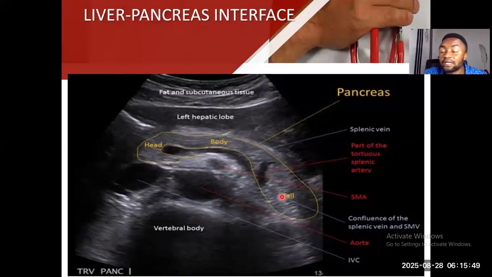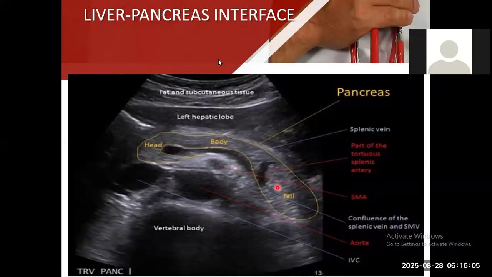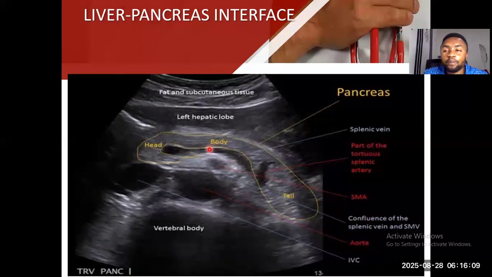I told you that the head is divided into two parts. Who remembers? The head is divided into two parts. The neck, the head proper.